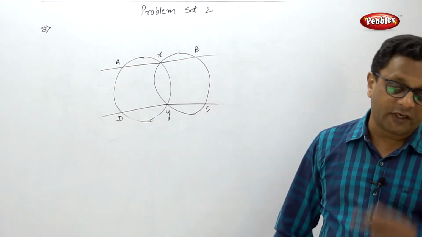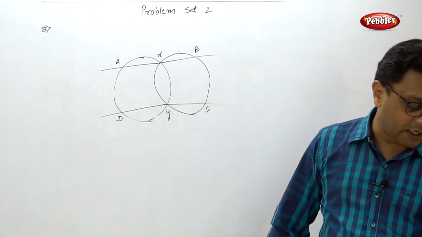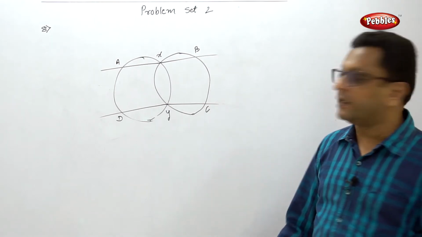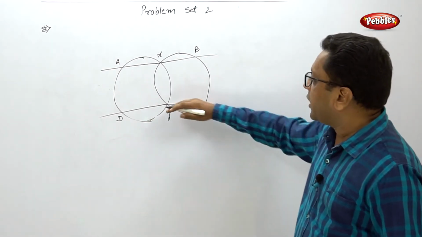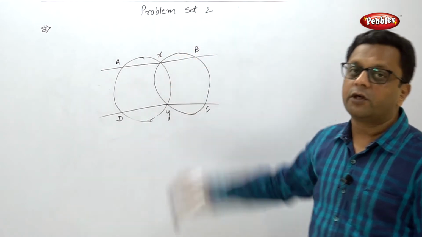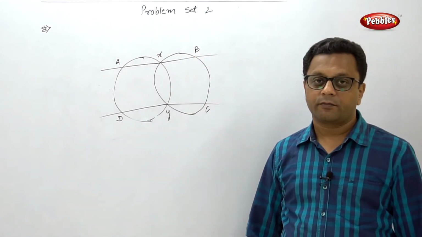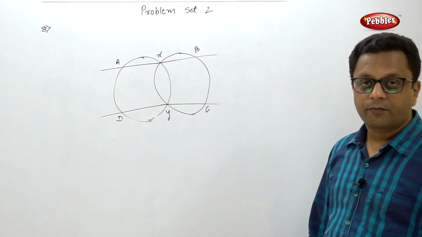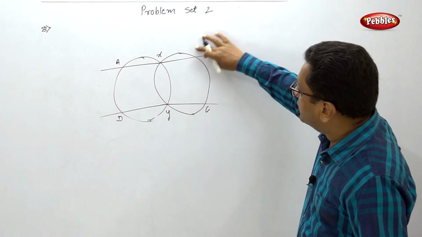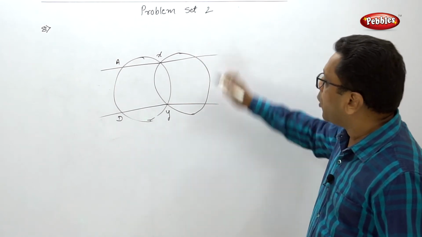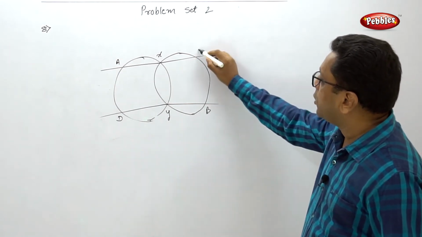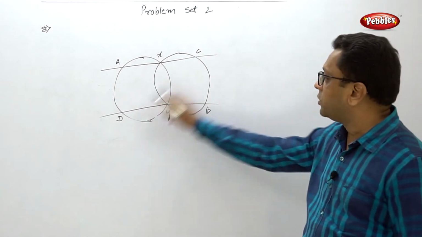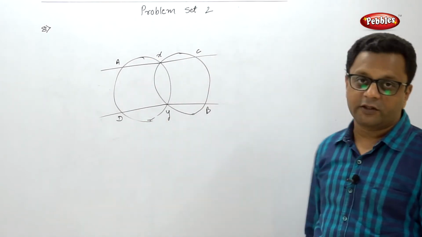But now this figure is wrong, because they say A and B are on the opposite side of line DC. Line DC is here, but A and B are on the same side. So here your figure is wrong. The points are wrong. So it is like this: points A and B are on the opposite sides of line DC.